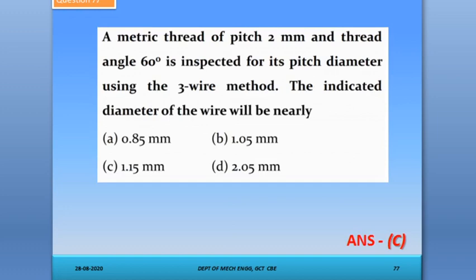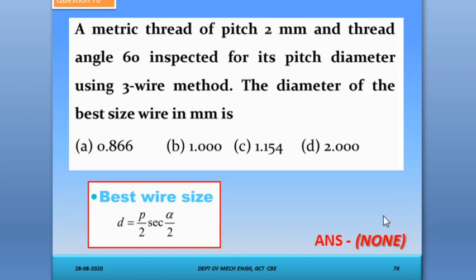Next, a metric thread of pitch 2 mm, thread angle 60 degree, is inspected for its pitch diameter using the 3 wire method. The diameter of the wire will be nearly the same formula used here. 2 mm pitch, 60 degree alpha, 3 wire method, the same formula.